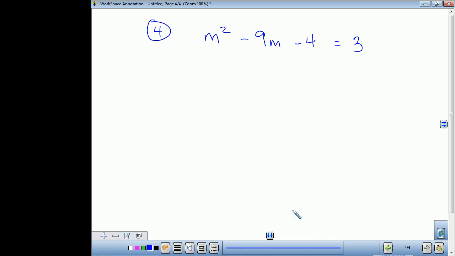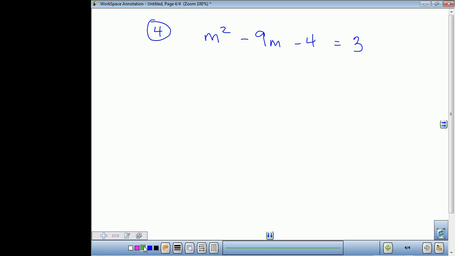Okay. I can tell that I need to complete the square because there's a plain old m. I have an m that's not being squared. So I know it's not what we did yesterday. I know I need to complete the square.